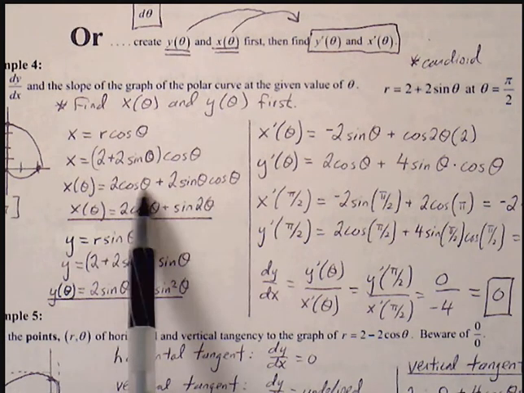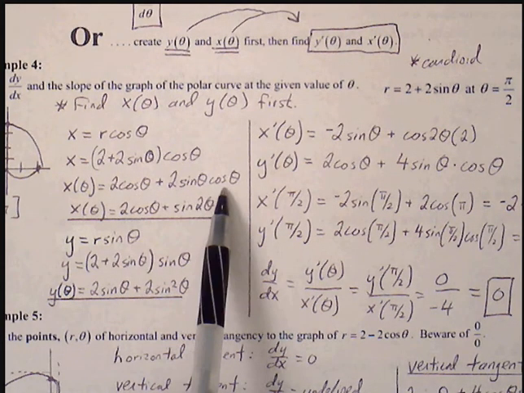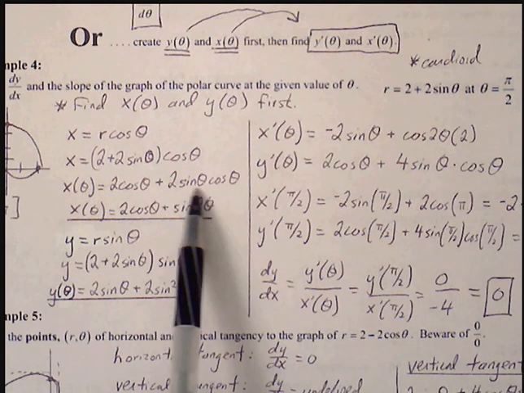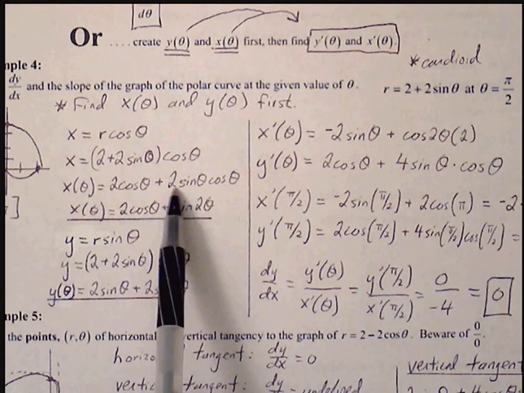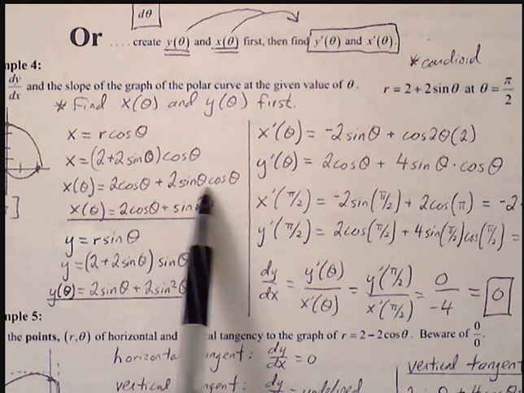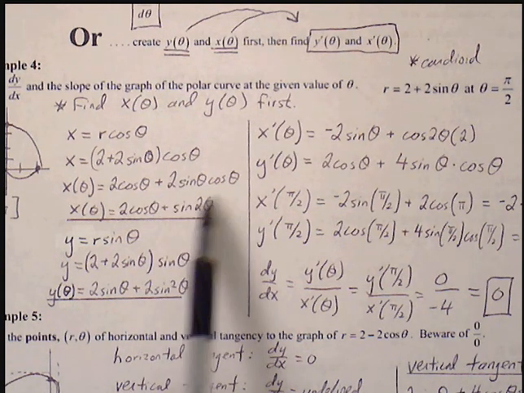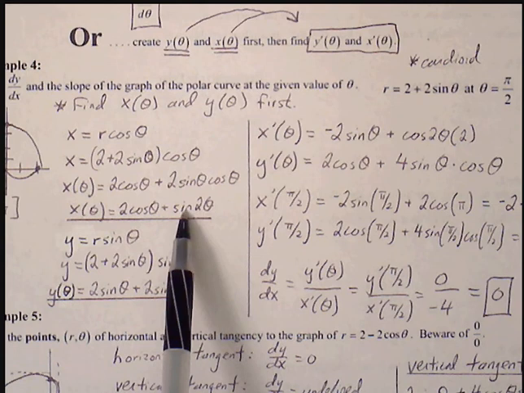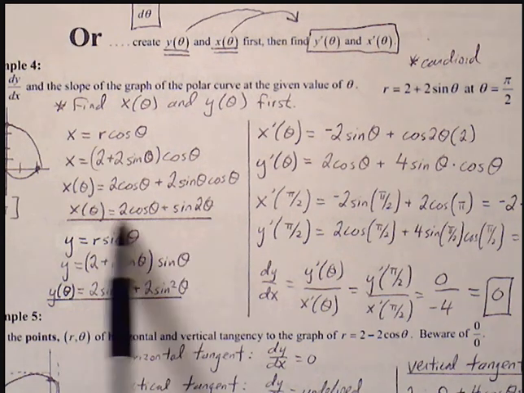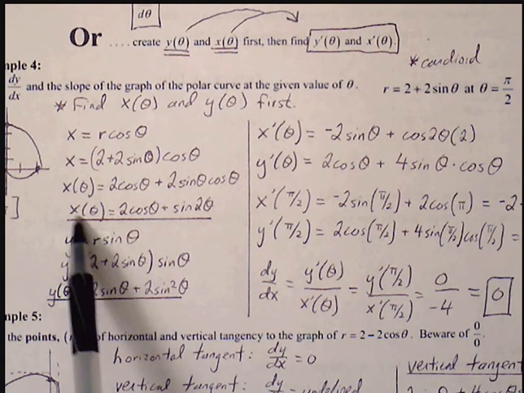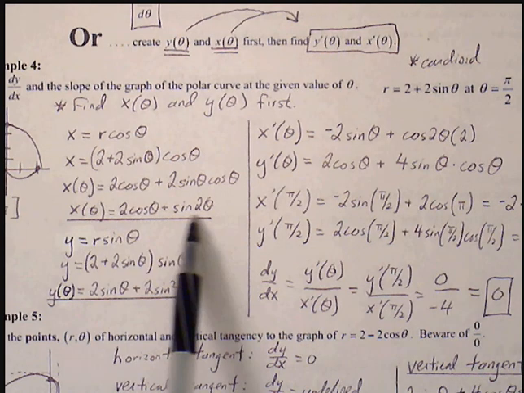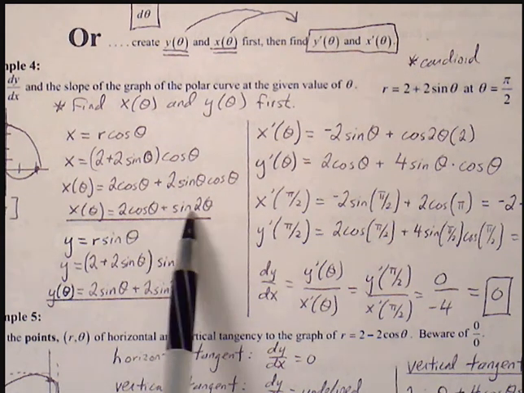So 2 cosine of theta plus 2 sine of theta cosine of theta. I'm going to use a double angle here to clean this up a bit so that I can avoid product rule in the future. So 2 sine of theta cosine theta can be rewritten as a double angle as sine of 2 theta. So here's my x of theta, my x equation, now represented in terms of the variable theta.